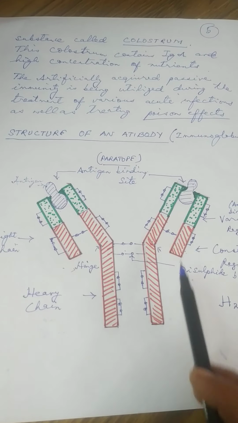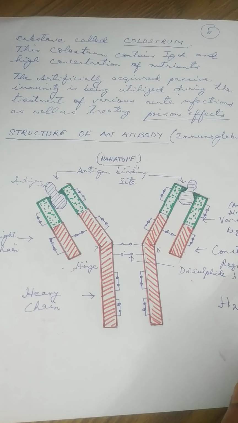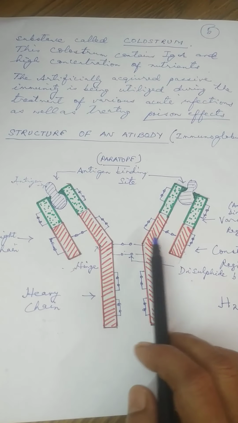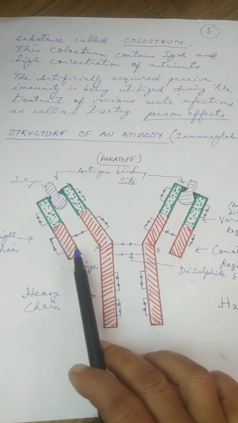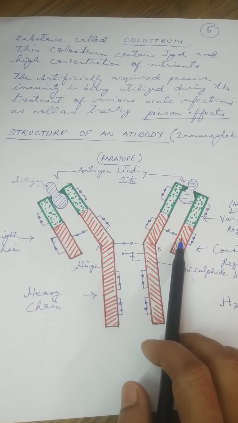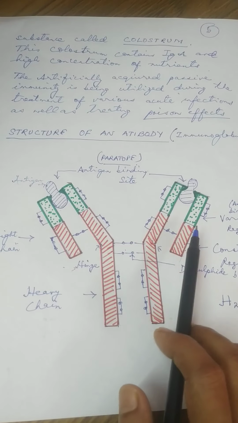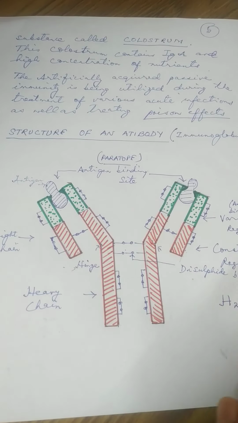Now the constant region constitutes the crystalline fragment because these parts of the antibody can become crystalline, they can form crystals. So for this reason, the constant region is called crystalline fragment.